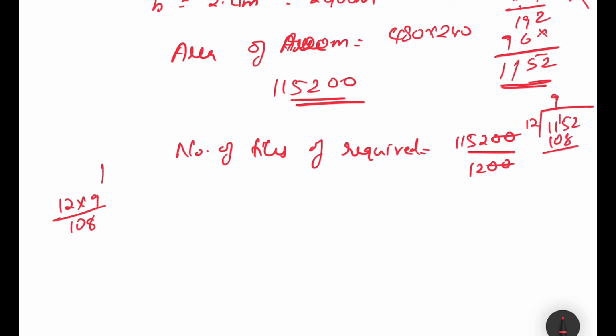So what do you get here? 72. 12 goes in 72 how many times? 6 times. So your answer will be 96 tiles required.